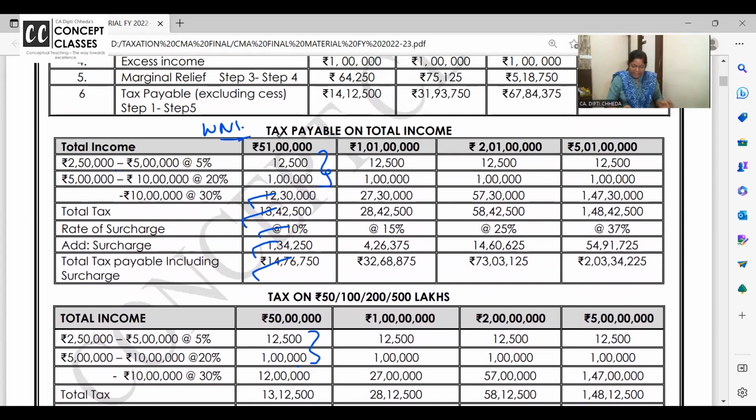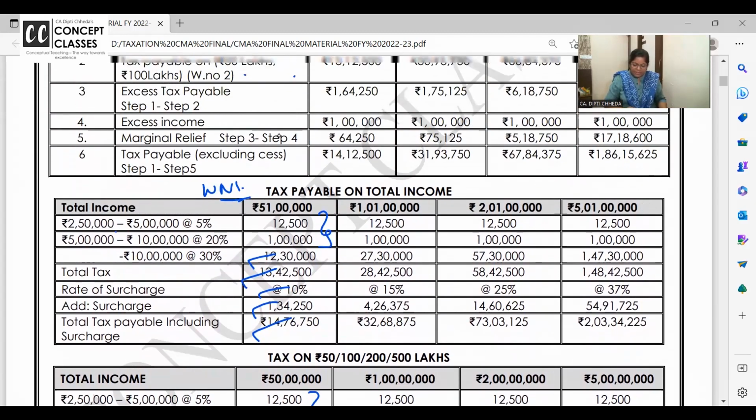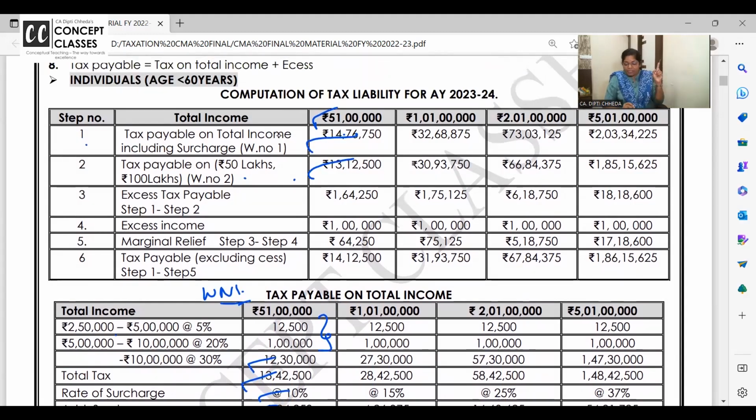On 51 lakhs, the tax is 14,76,750. On 50 lakhs, shall I take surcharge? Answer is no, because it is up to 50 lakhs. So what is the tax coming? 13,12,500. Now look at the screen. On 51 lakhs, and very important is what is written over here, that is without cess. Don't add tax and surcharge and cess, just tax and surcharge.